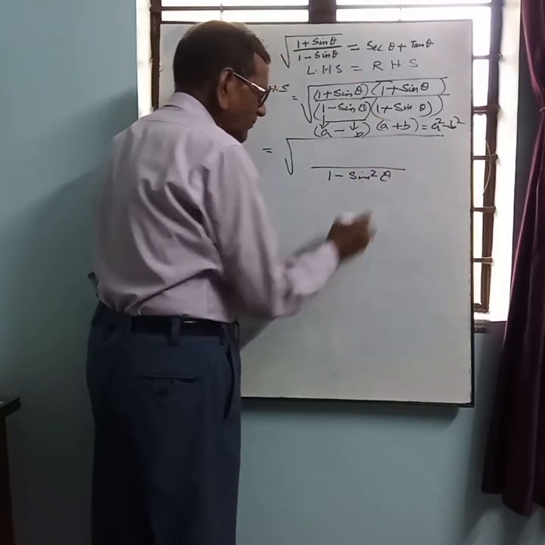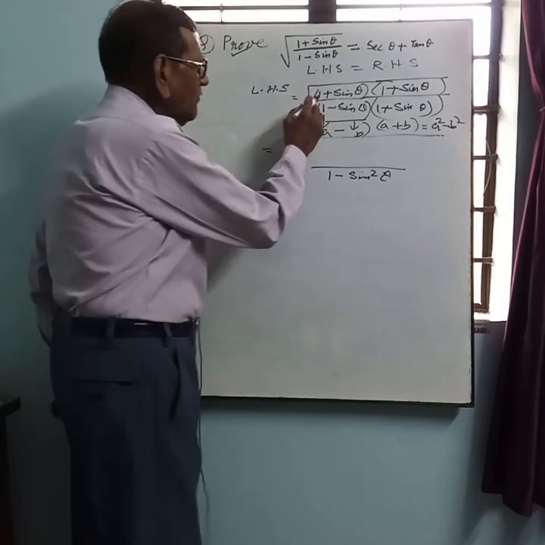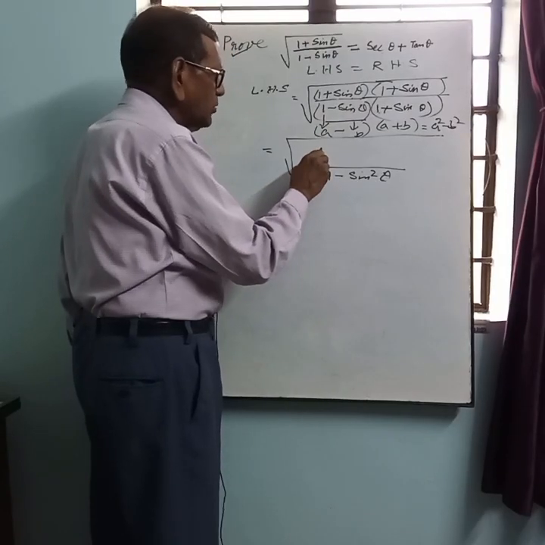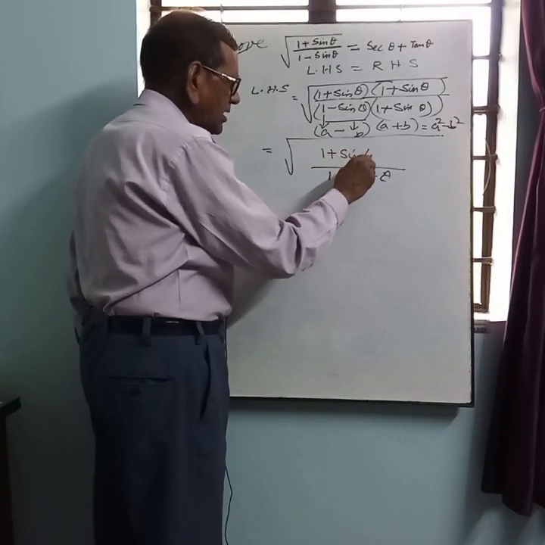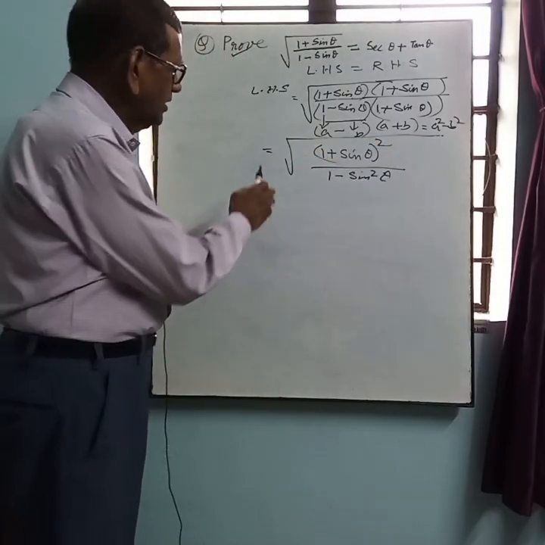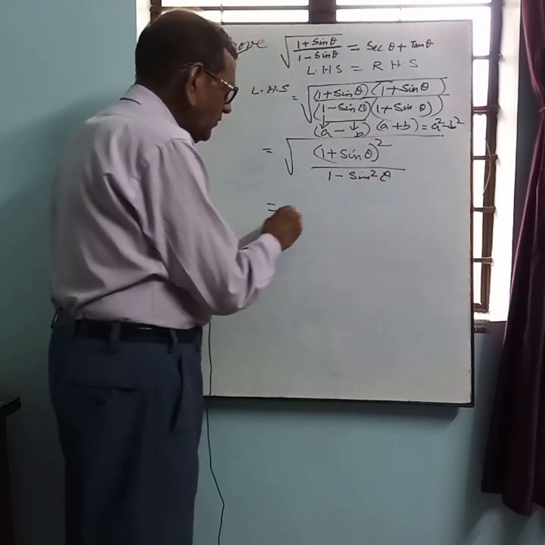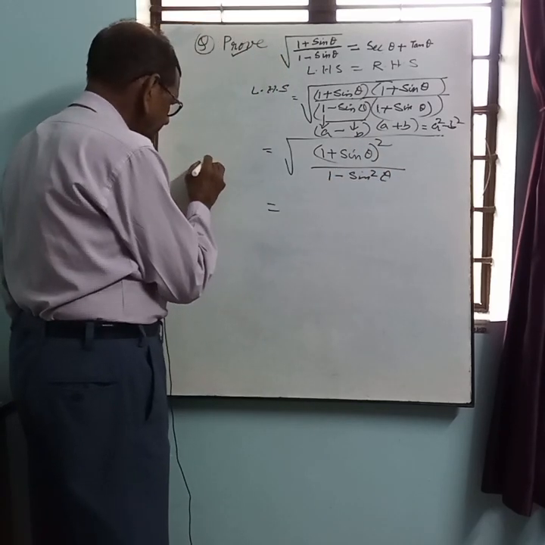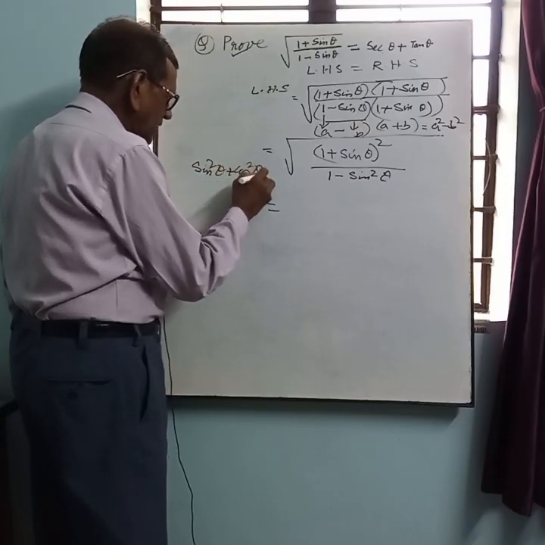Minus sine square theta. And the numerator is 1 plus sine theta, and the same two things are multiplied, so you should write 1 plus sine theta whole square. Here you see there is a square root and here is a square. Now, we know that sine square theta plus cos square theta is equal to 1.